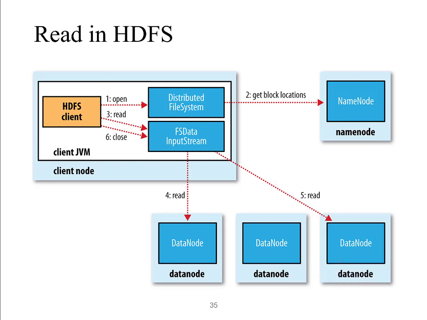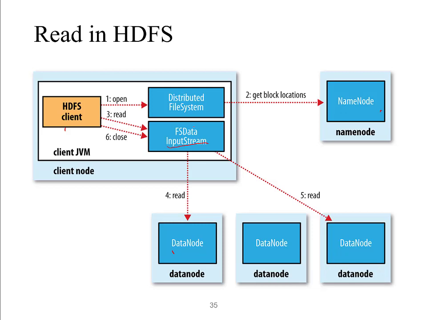Now let's look at the read in HDFS, which is simpler. So again, we have the name node and data nodes and a client here. We also have a distributed file system and FS data input stream. So this is read, so it's an input stream. And again, this distributed file system and FS data input stream are 2 instances of the corresponding classes in HDFS.